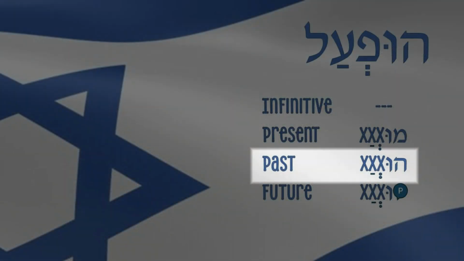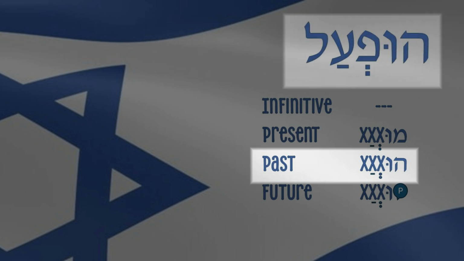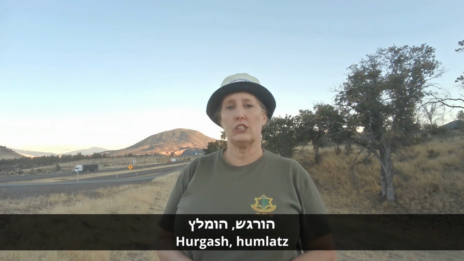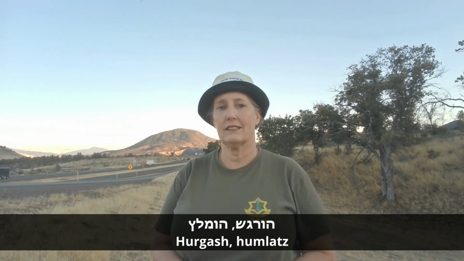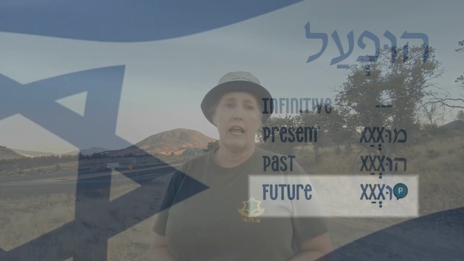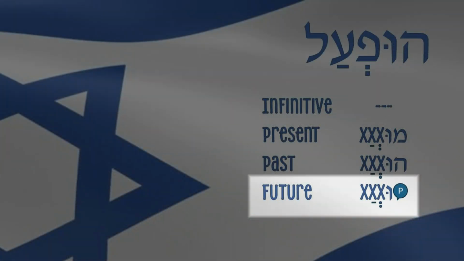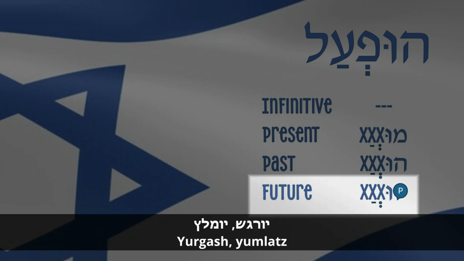And the past tense has the hey because it's a huf'al verb. It's going to have that same pattern. And so hurgash, humlatz. And in the future, it just gets the prefix, whatever personal prefix, and it gets the u vowel. So yulgash, yumlatz.